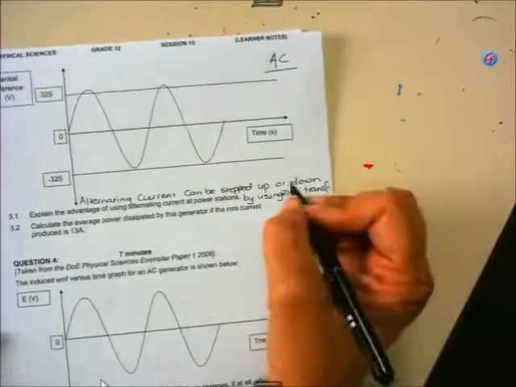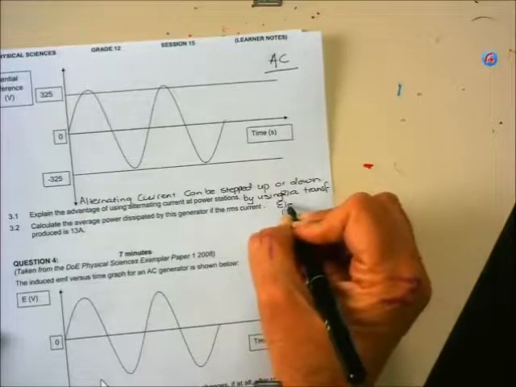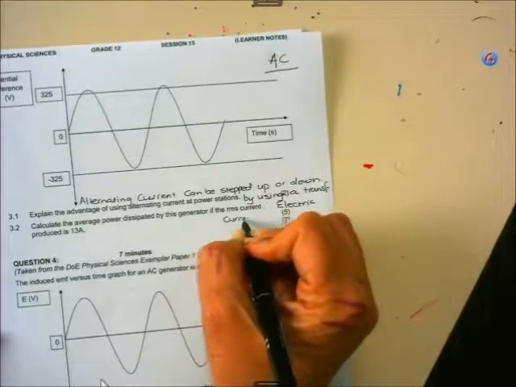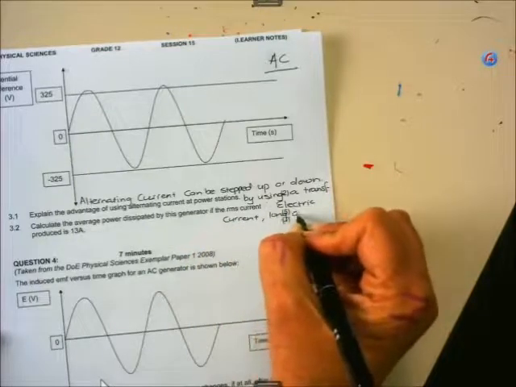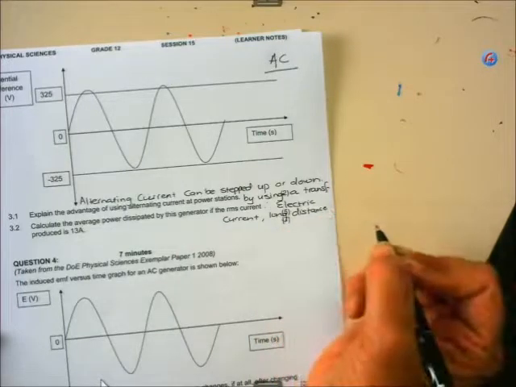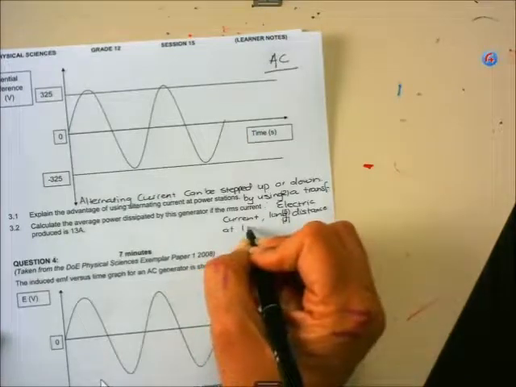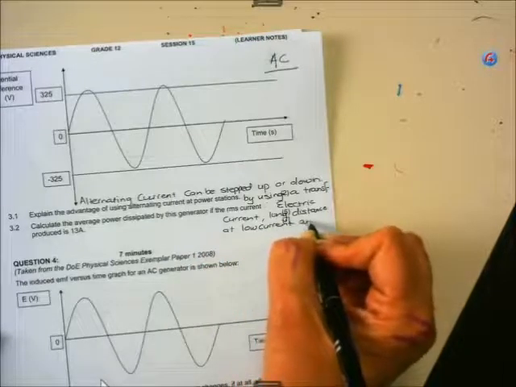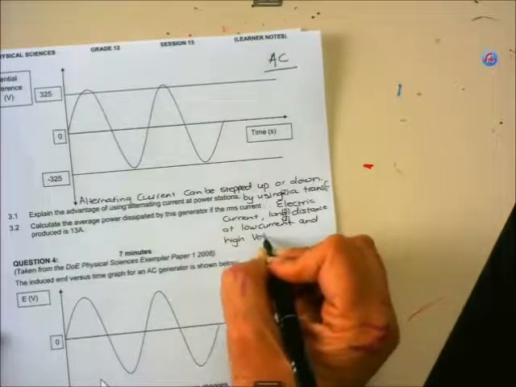And then we can say this means, therefore, electric current can be transmitted over long distances, at low current and high voltage.